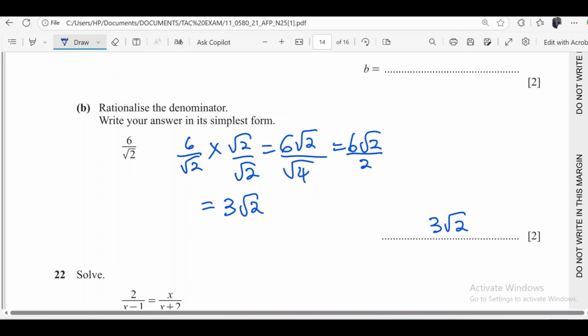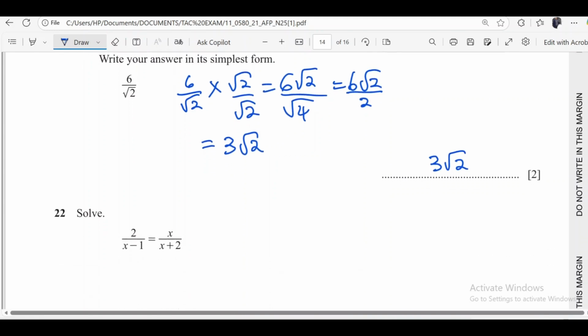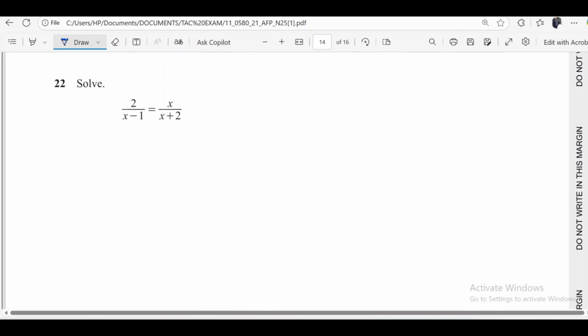Now proceed to question number 22. We want to solve this. So you cross multiply. Let's use x. We have 2 bracket x plus 2 equals x bracket x minus 1.